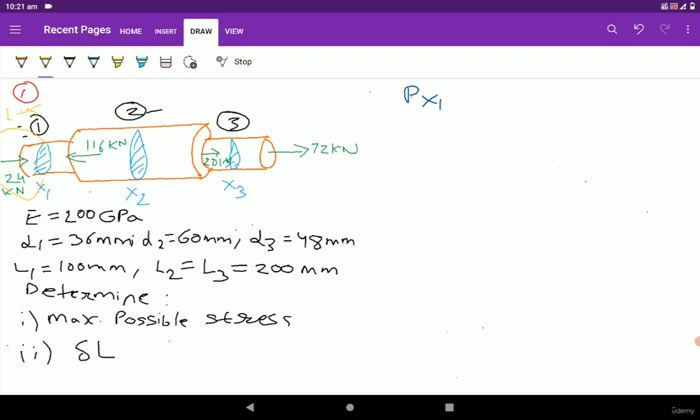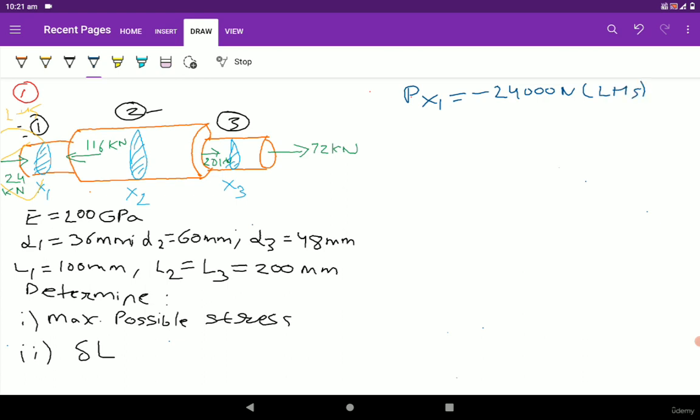So it will save us some time. On the left hand side of the section x1, it is a compressive load of 24 kilonewton. So we are going to write minus 24,000 Newton from the left hand side of the cross section of the axle.